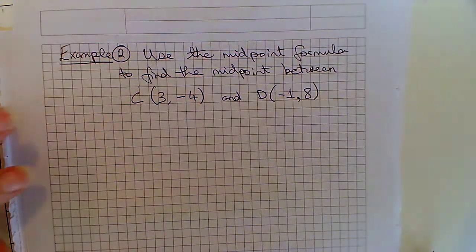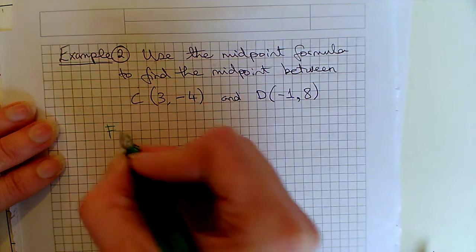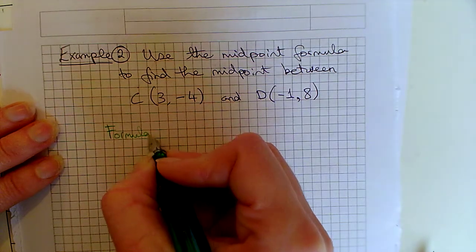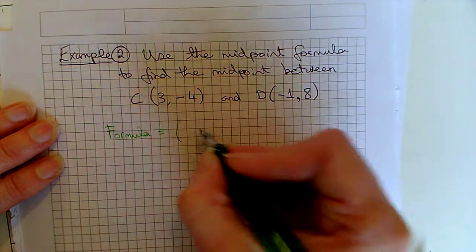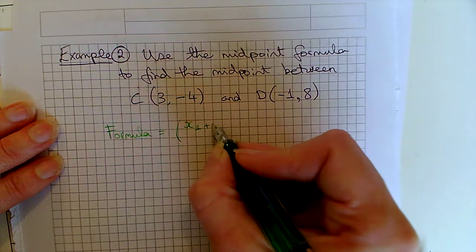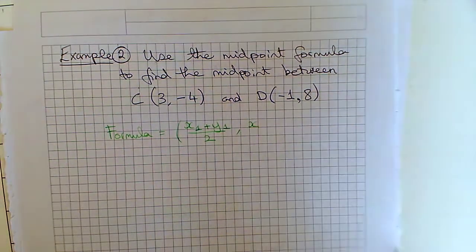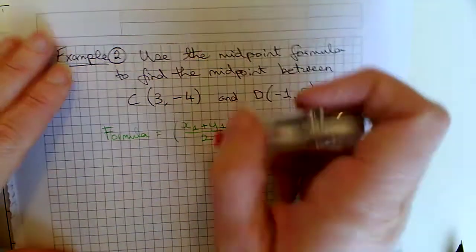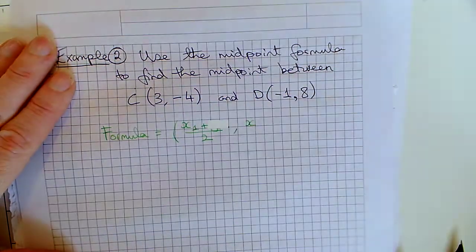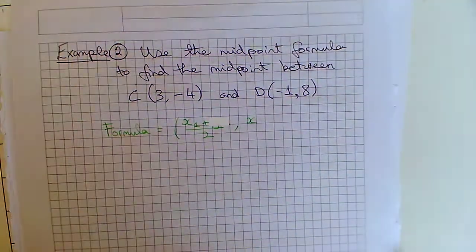So the first thing I'm going to do, every time one of these questions comes up, I'm going to write down the formula because that helps me learn it off. It's x1 plus y1 divided by 2. Sorry, it's not. It's x1 plus x2. That's what happens when I'm not concentrating.